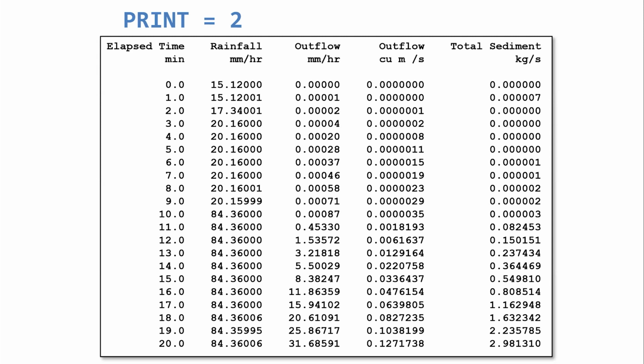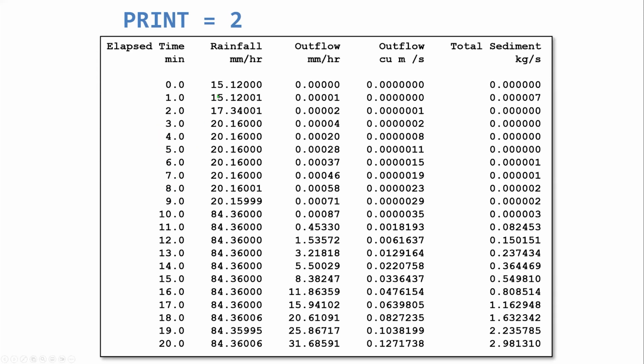So if you do print equals 2, now you get kind of all the gory details. And this is where a file you would want to say, all right, I want to plot the hydrograph, either for the watershed or for a particular element. So you can see our computational time was set to 1 minute.